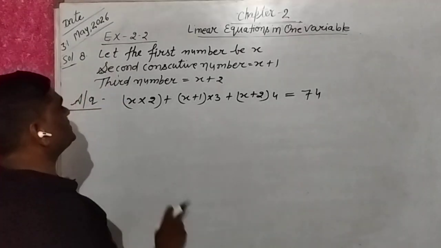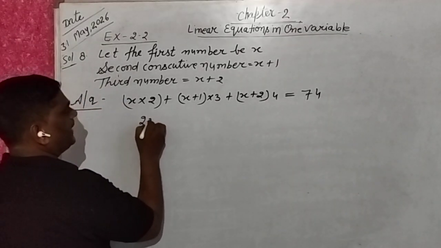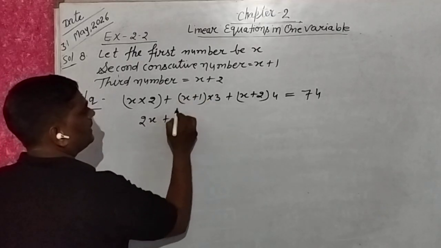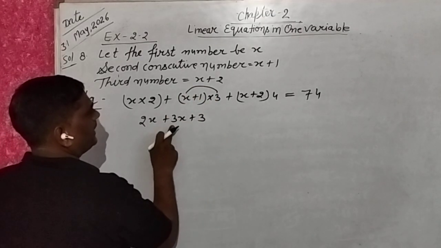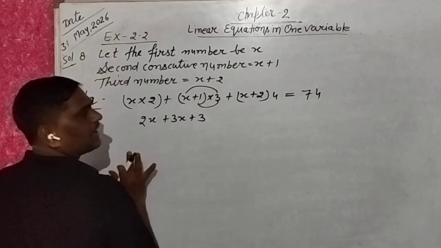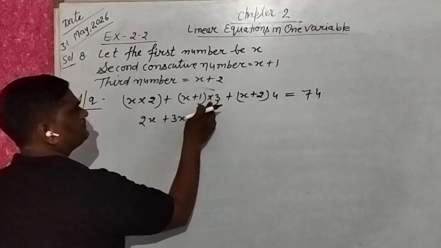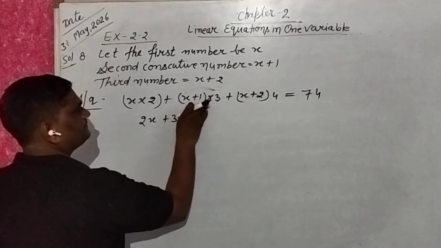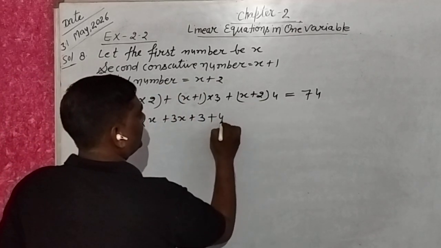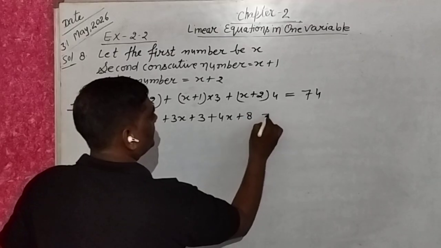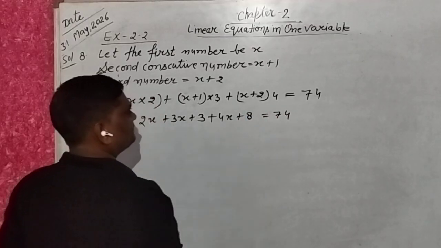Understand? First we multiply: 2x plus 3 times x is 3x, 3 times 1 is 3, plus 4 times x is 4x, 4 times 2 is 8, equal to 74.